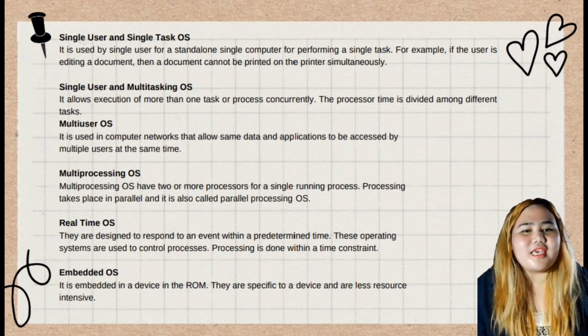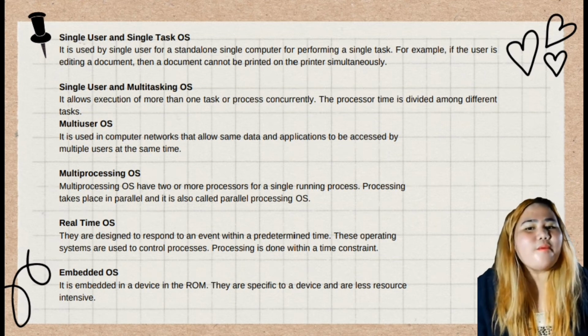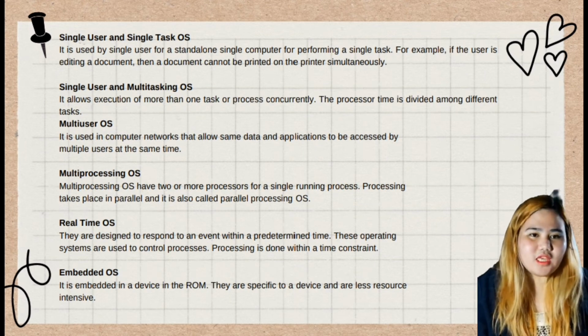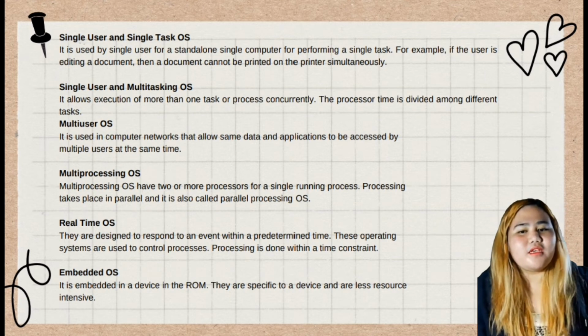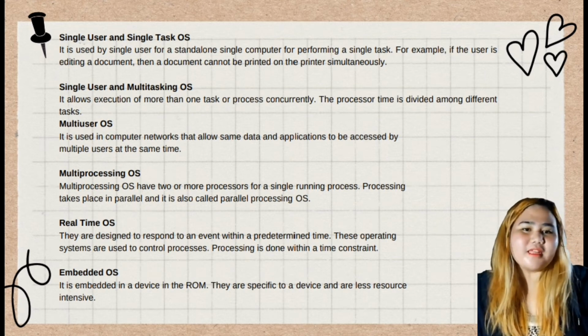They utilize high-speed execution by boosting the computer's power. Multiprocessing operating systems include Linux, Unix, Windows Server, Windows 7, and later versions of the Windows family.